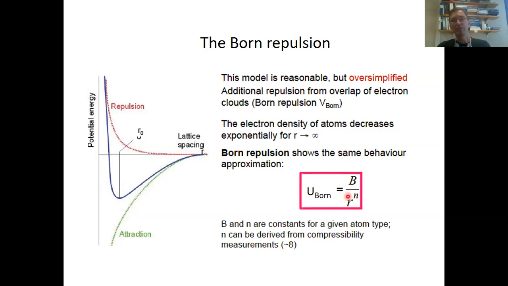Okay, so now overall, the Born repulsion can be described by this term. It's equal to a constant B over the distance to the power of n. n can vary a bit, but it's typically around 8. The exact value depends on the compressibility of the solid.